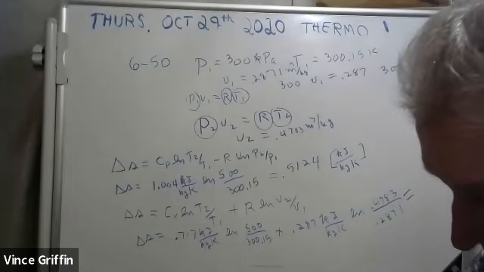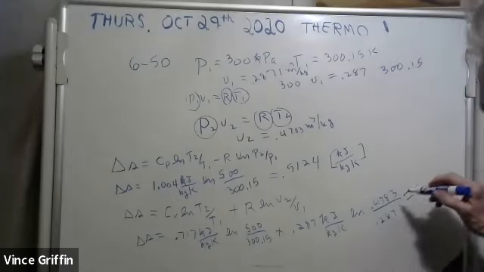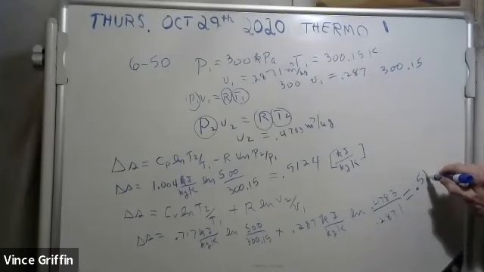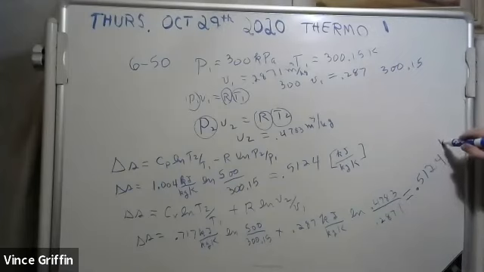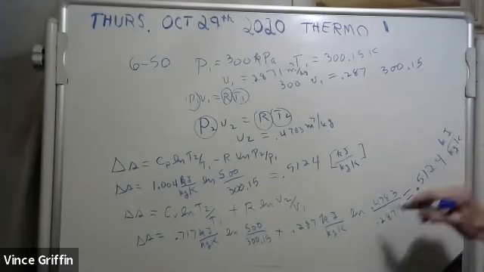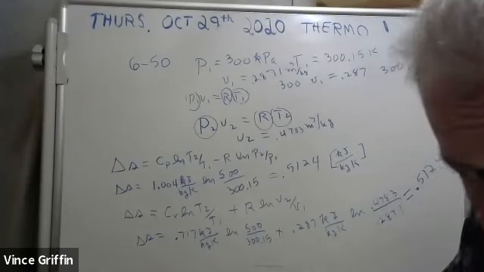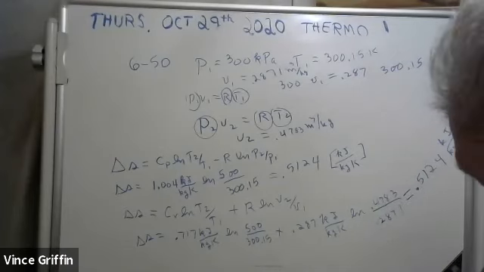Well, I did all that and I got an answer. I got 0.5124. Of course, the units are kilojoules per kilogram Kelvin. Did anybody out there get that same answer? Uh-huh. Yep. Good.